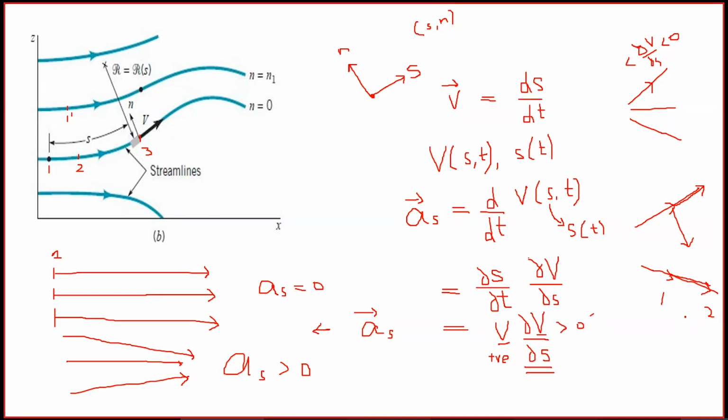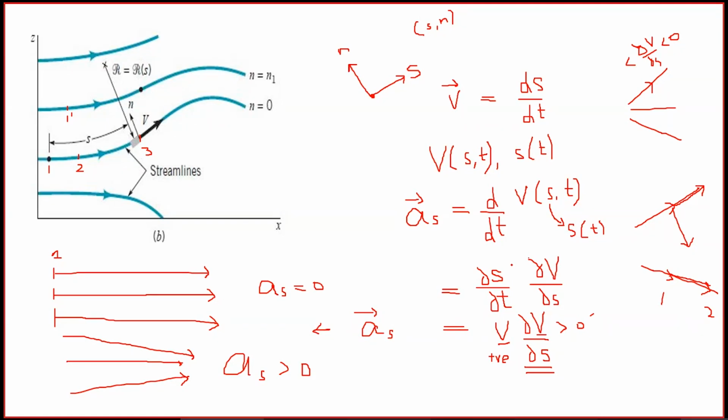So velocity is positive, but partial V by partial S is negative. Okay. So for AS to be negative, one of the components should be negative. For AS to be positive, both of the components should be negative or both should be positive. ठीक है? The magnitude as well as the direction. समझ आ गई बात?